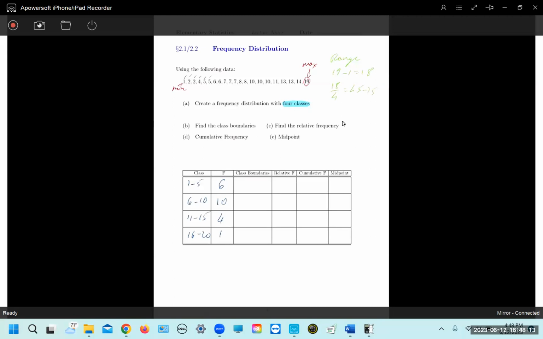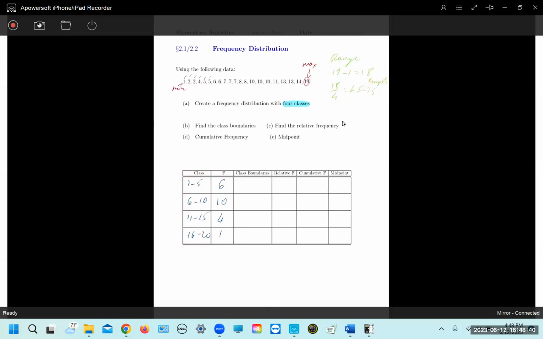Each class right here has length 5. I did that at first but forgot to tell you, so each class length is 5.